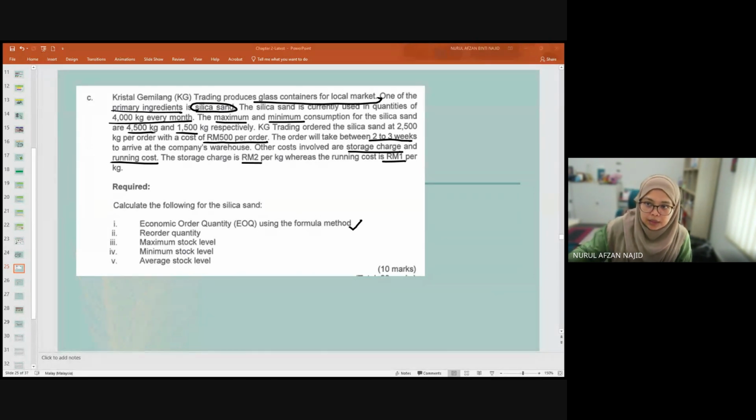Anyone yang volunteer nak bagi jawapan? Jangan fikir jawapan you salah ke betul, Madam nak tengok you buat je. Anyone nak volunteer bagi jawapan?